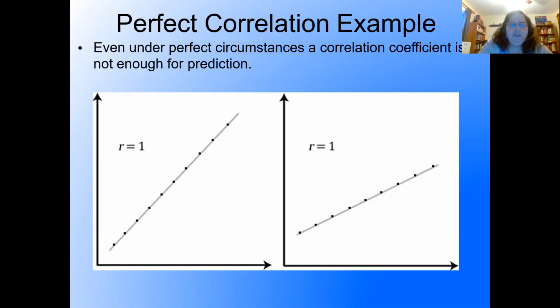But you can also see that even under these perfect circumstances, a correlation is not enough for prediction, right? Because this one is almost a straight 45-degree angle. So we would probably predict that if a person has a score of 4 on the x-axis, they'd have a score of 4 on the y-axis.